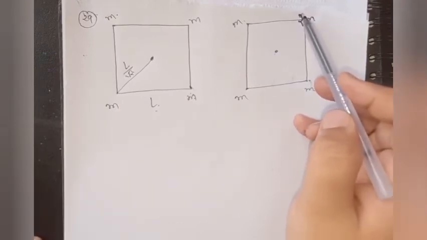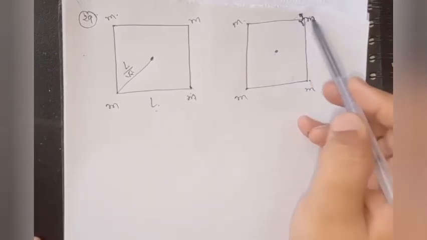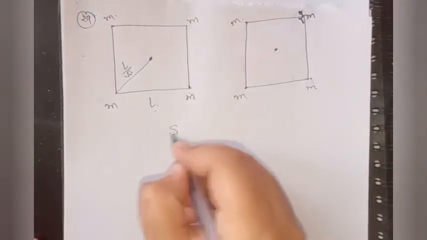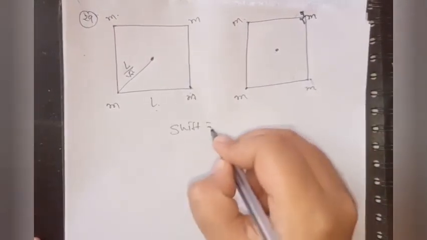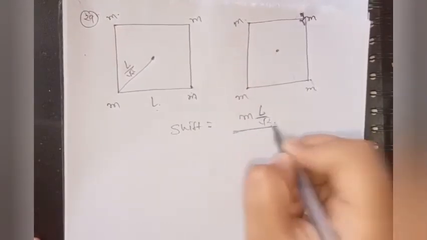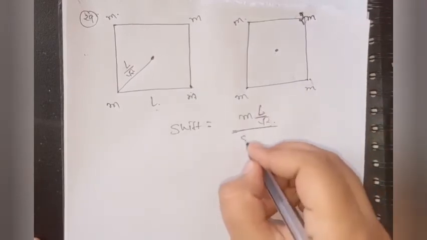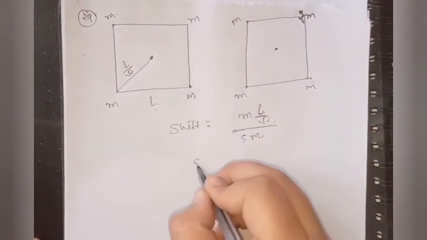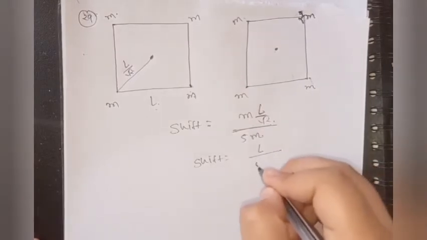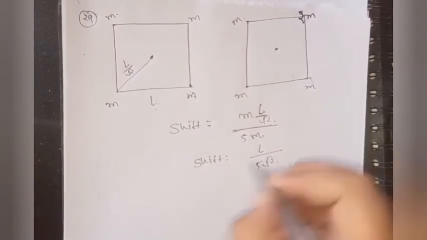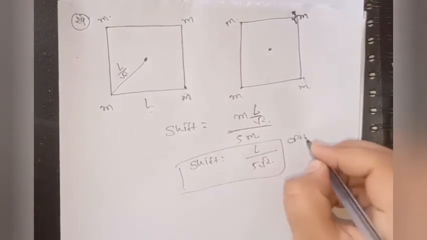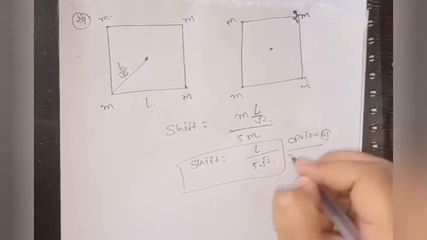Now in this case, at this point, initial extra m mass is added to the system, so shift can be written as m times L by root 2 divided by, now total mass will become 5m instead of 4m. So shift will be, this m will get cancelled out, L divided by 5 root 2. So option 4 is correct option.